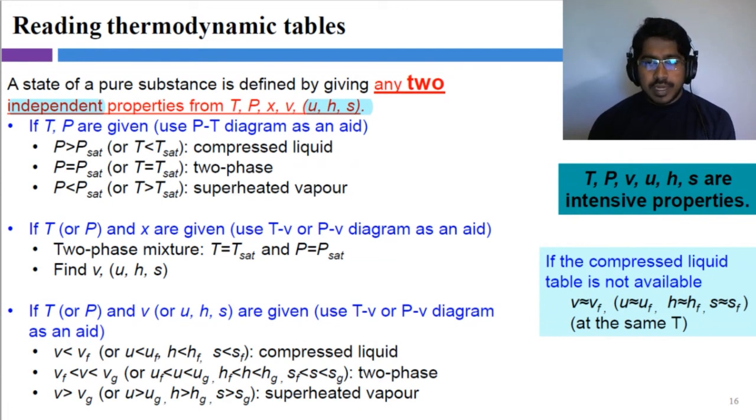if we have temperature and pressure, can we define the state? I'm reiterating this question just to see whether you remember. If we have temperature and pressure, can we identify the state? One answer is no. Anybody?